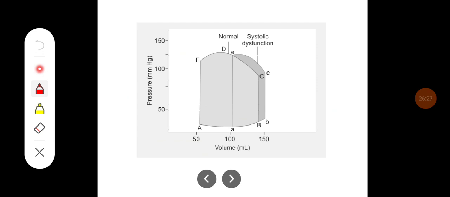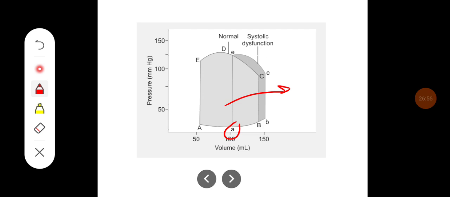Okay. So here the pressure volume loop is going to show the shift in the curves. In systolic dysfunction, because of the ventricular failure, there will be accumulation of blood, which is going to increase the end-diastolic volume. Because of the dysfunction, it is going to pump only 50 ml of blood.